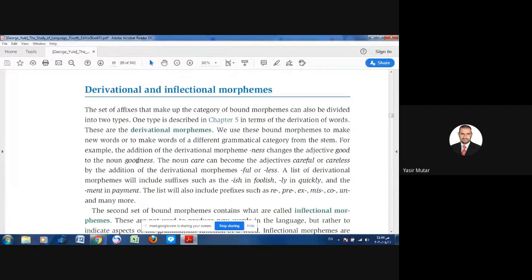They call it a change in grammatical category. I'll highlight this word, and if you have your book, you can highlight it also. So when we add derivational morphemes, there will be a change in grammatical category.